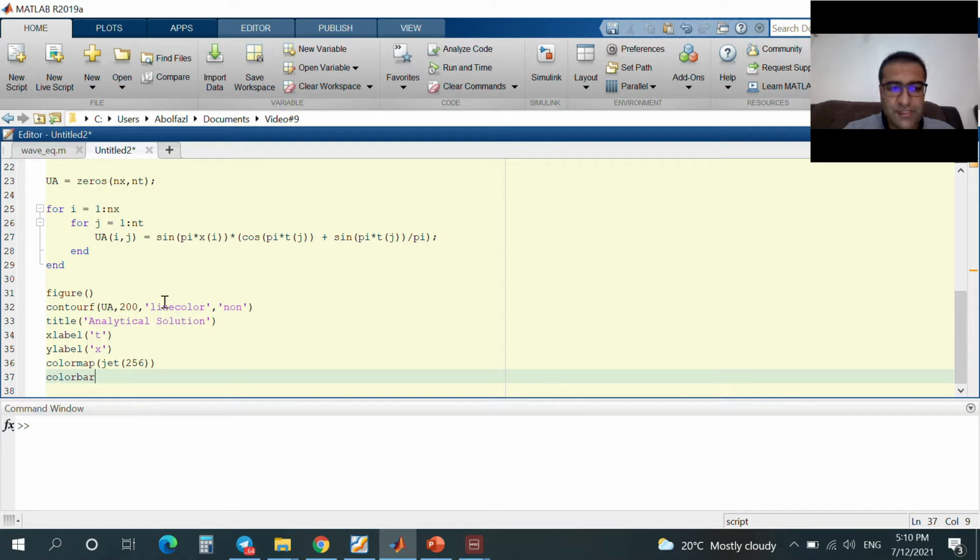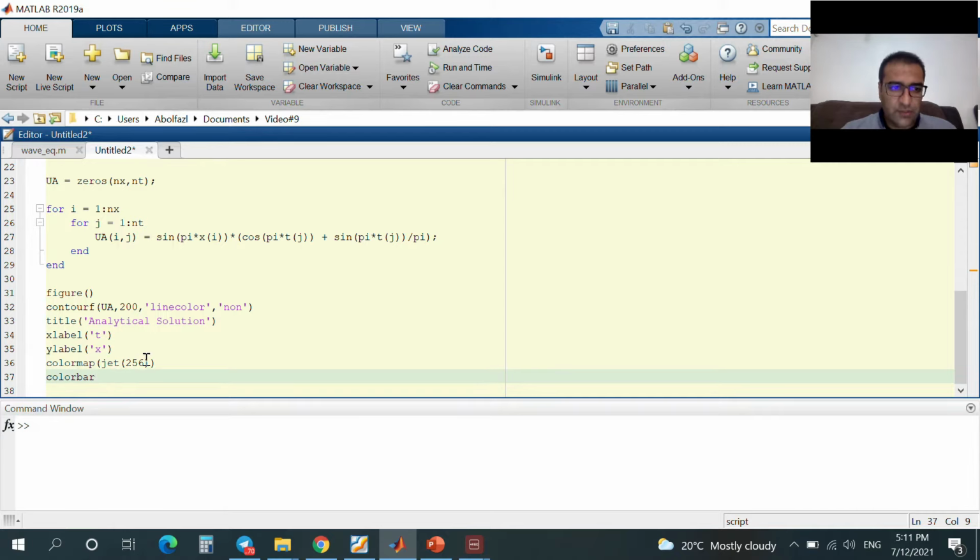Here 200 represents the number of lines that we want to use in the contour plotting, and for the line color we don't need any color, so we write none. The title is analytical solution, the x label is t, the y label is x, and we need to see the color map, so this command makes the color bar appear.